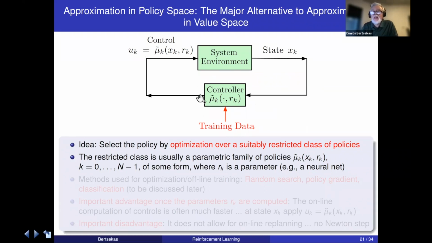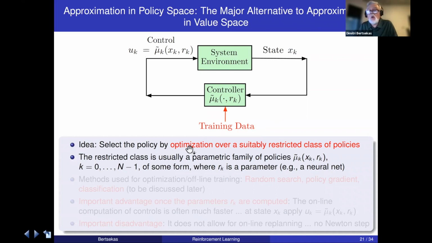Now, calculating the optimal control is very, very difficult, but we can consider a parametric class, a restricted class of policies, such as those provided, for example, by a neural network or some other type of approximation architecture. This is a parametric class involving some parameter. Once you fix this parameter, r_k, then this controller is determined. But how do you find r_k?